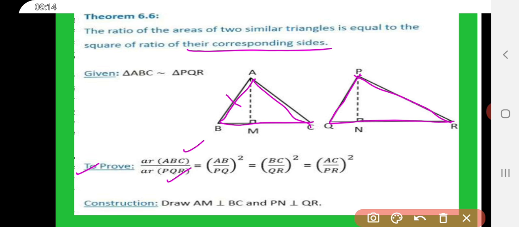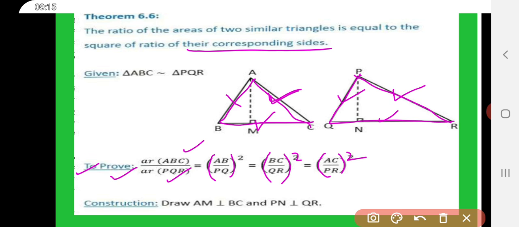So AB corresponds to side PQ, so AB by PQ whole square is equal to BC by QR whole square, which is equal to, here you see this side corresponds to this side, AC by PR whole square. This we have to prove.